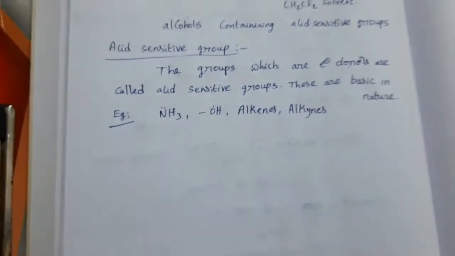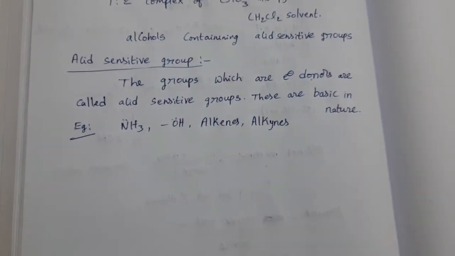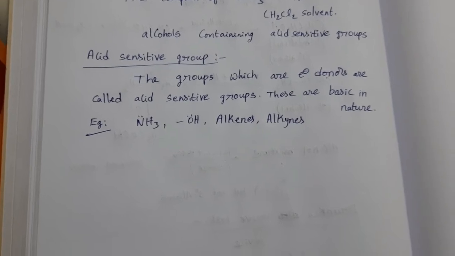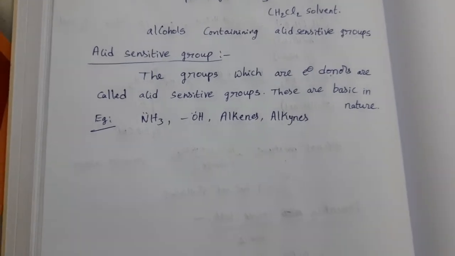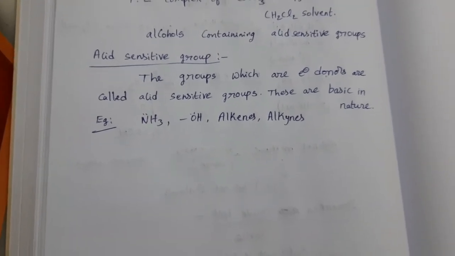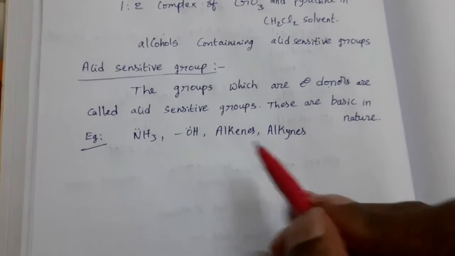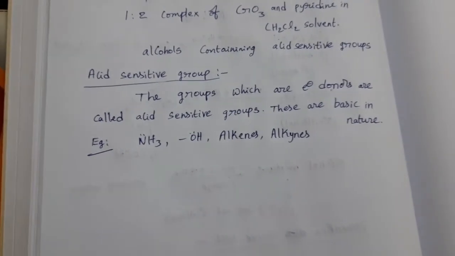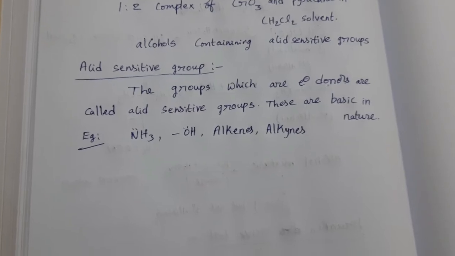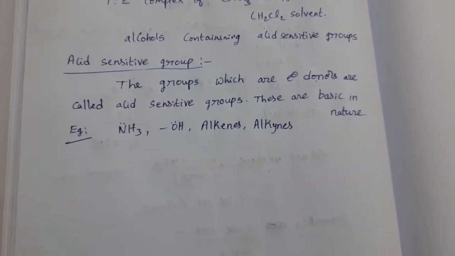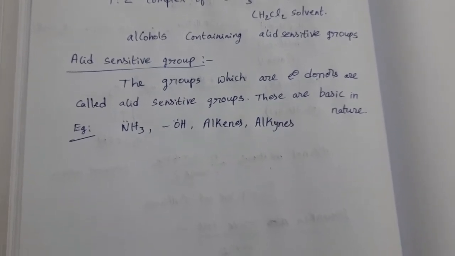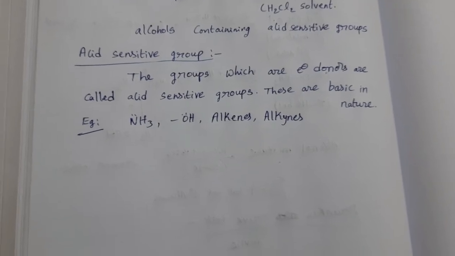So double bonds and triple bonds, OH group, NH3 are considered acid sensitive groups because these groups and alkenes and alkynes can donate electrons to other substances. So these are donating electrons, which means these are basic in nature according to Lewis theory.